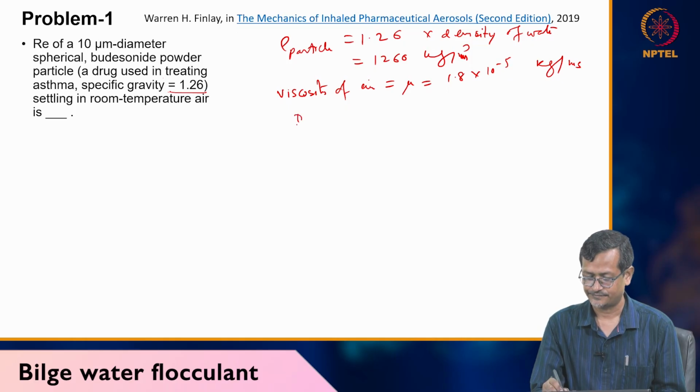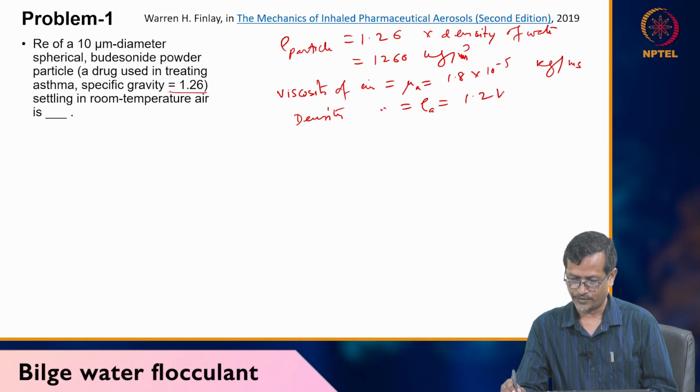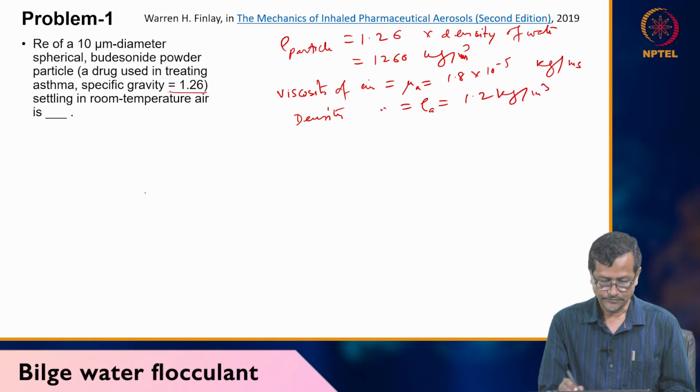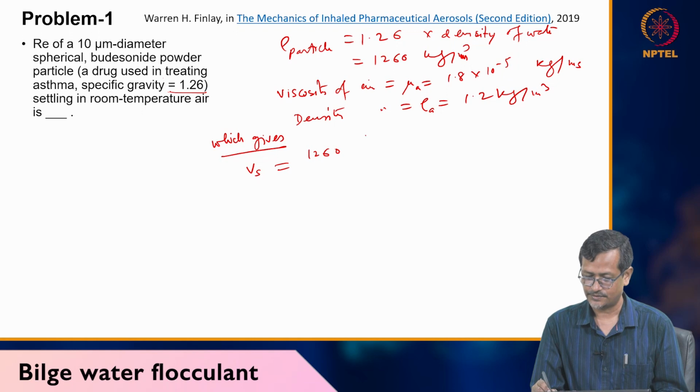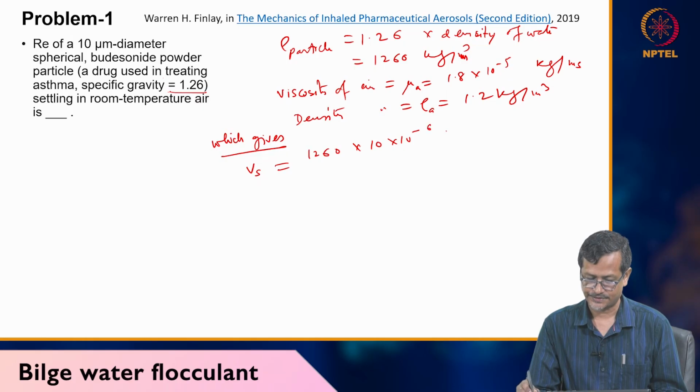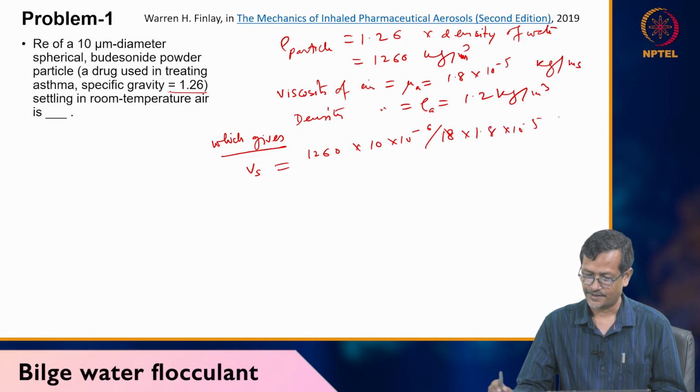Density of air equals 1.2 kg per meter cube, which gives V settling equals 1260 into 10 power minus 6 divided by 18 into 1.8 into 10 power minus 5 kg meter second.